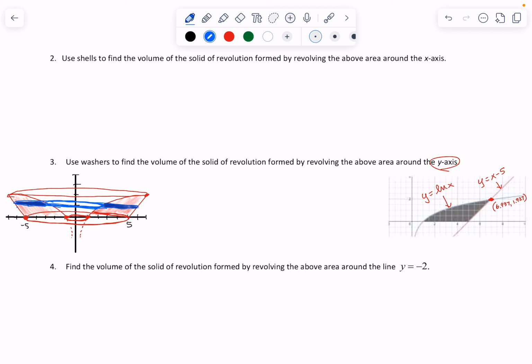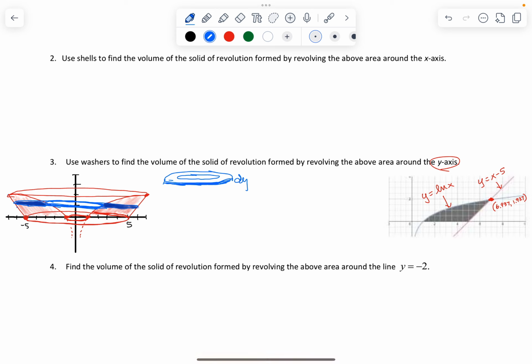And there's our washer, one example of a washer. Our thickness, because these washers will be stacked up, is going to be a dy.